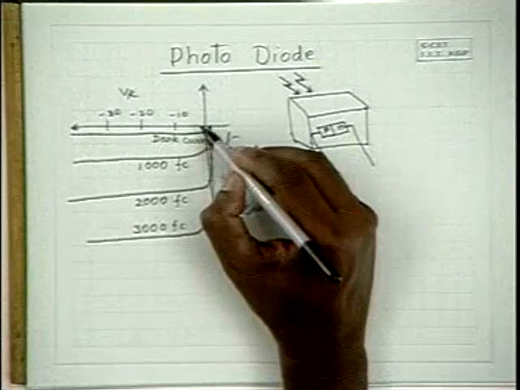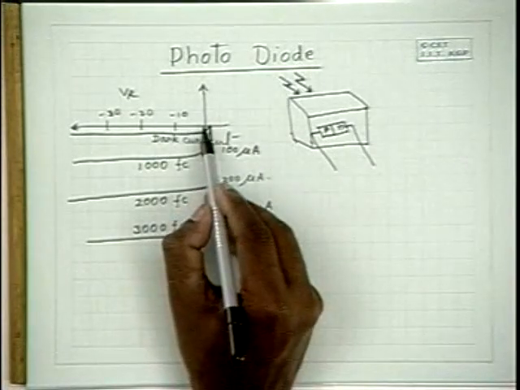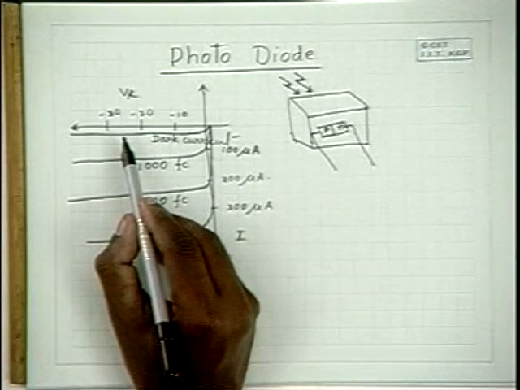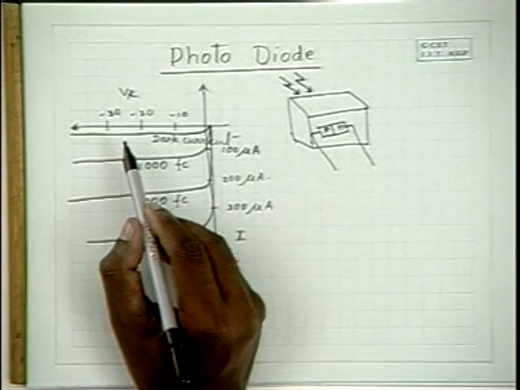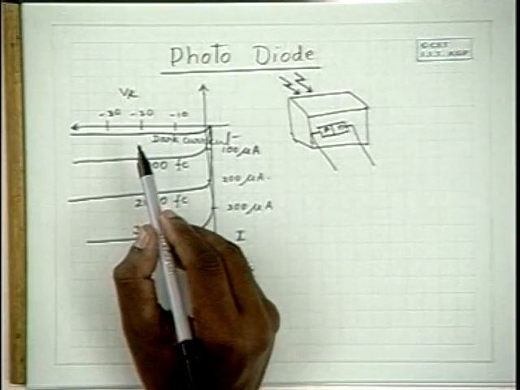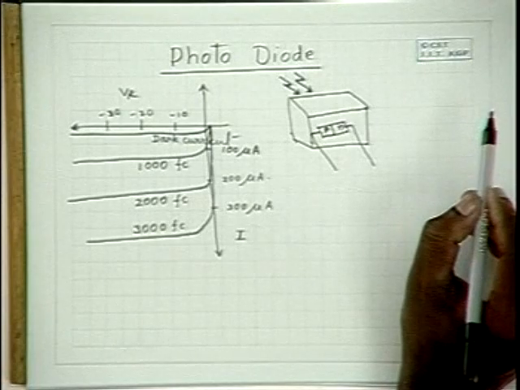Please note that a PN junction diode under reverse bias gives you a reverse saturation current, this I0. This is due to the minority carrier flow in the diode.